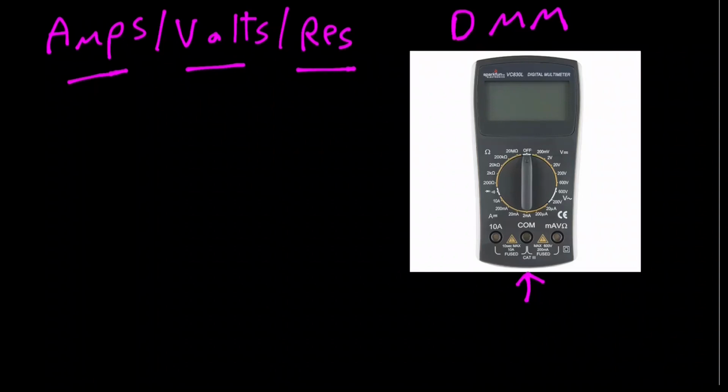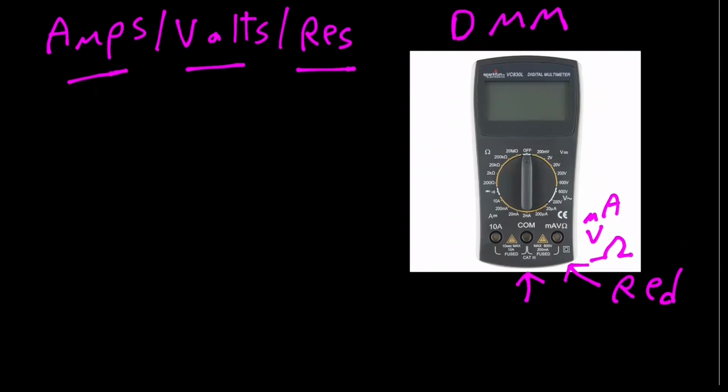If you're going to be measuring things like current on a very low scale, on the order of milliamps, or if you're going to be measuring volts, or if you're going to be measuring resistance, then you would utilize this socket to put your red probe in.